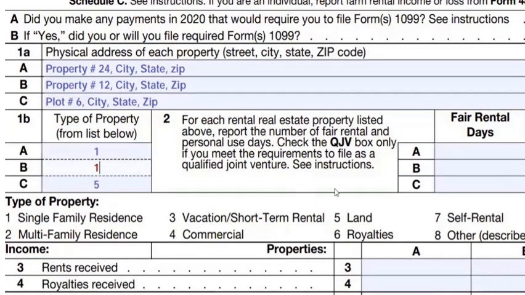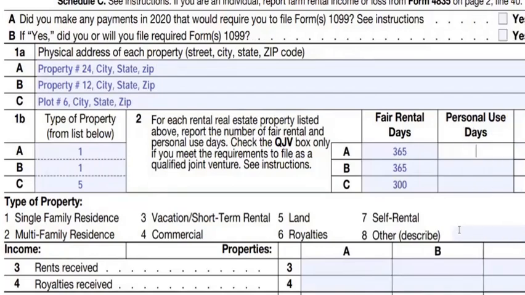Good. Now on the right side, fair rental days. That means how many days the property has been rented out. So mostly it is going to be 365 or 360 or 300. Let's say all the properties have been rented out throughout the year, or maybe one was only for 300 days.